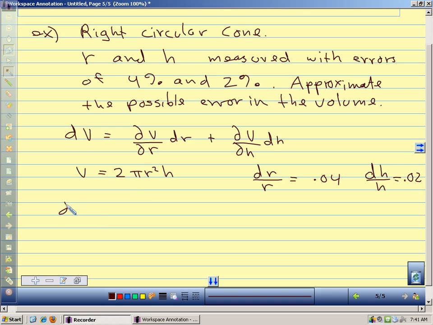So dV equals, dV/dr is going to be what? 4 pi r h, and we're going to multiply by dr, plus dV/dh, 2 pi r squared, and then we multiply that by dh.